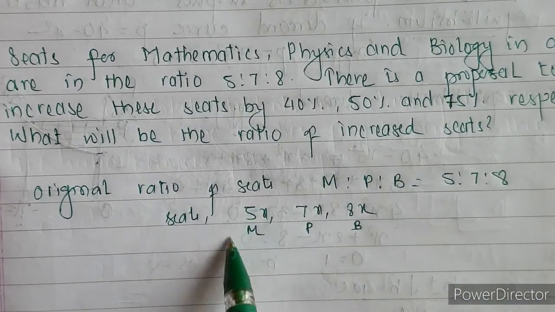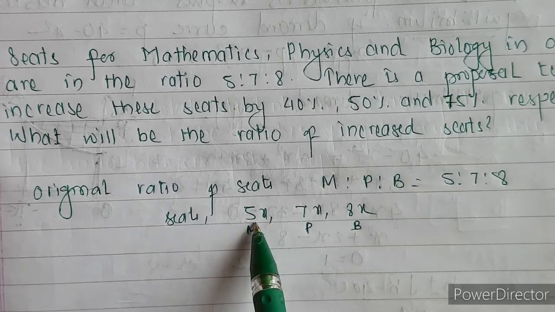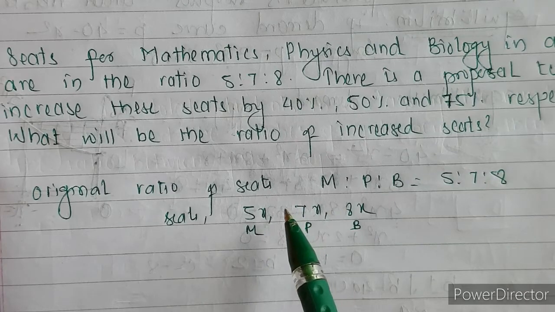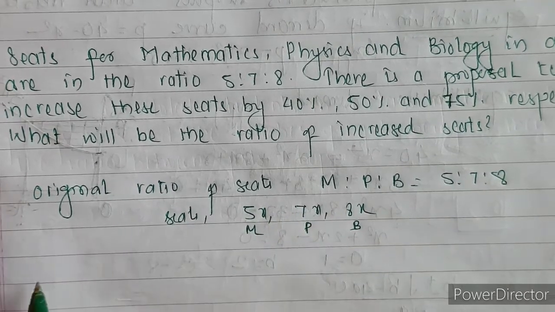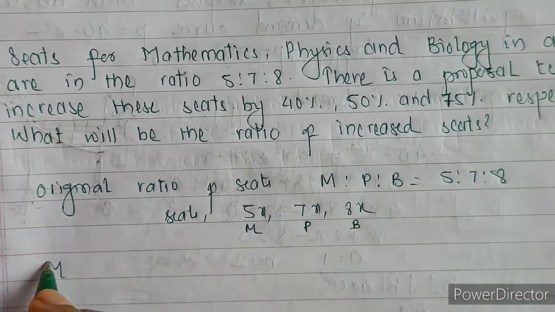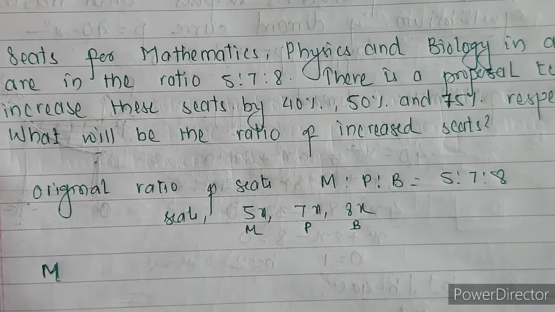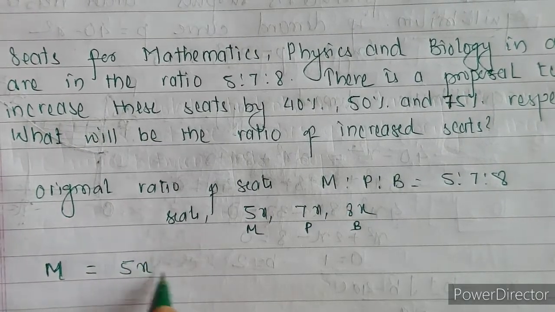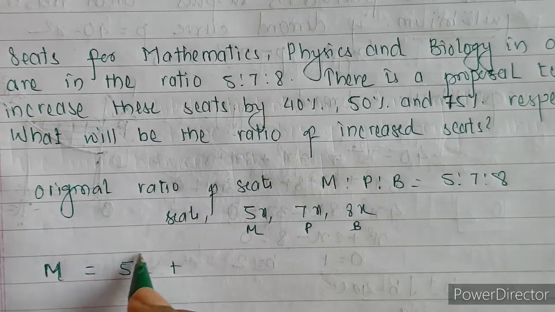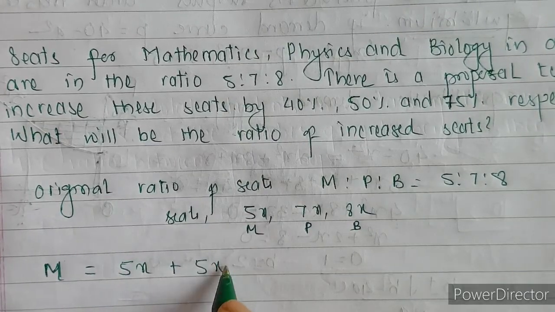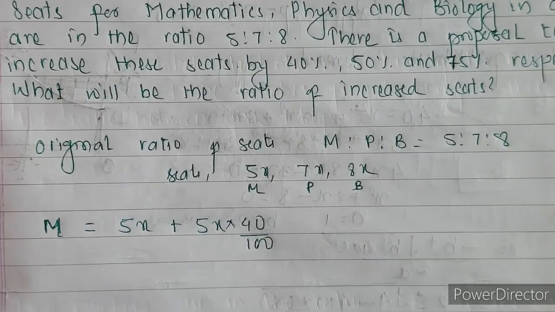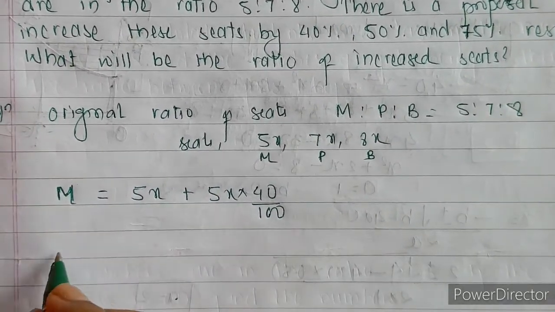Now this 5x seats, we are increasing by 40%. Another 40% we are adding here. So what will be the new seats of mathematics? It is going to be the original 5x plus 40% of 5x. Right? What are going to be the seats of physics?